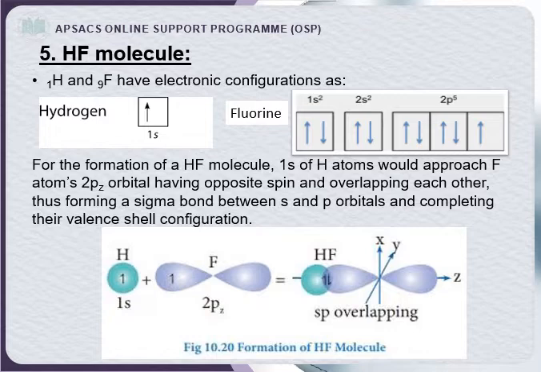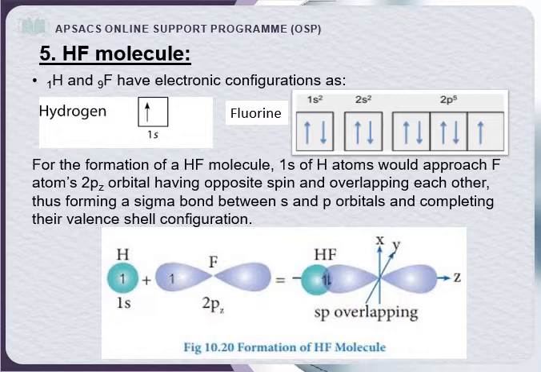Here you have to mention the arrangement of both the atoms which are having the overlap with each other. Now this one is hydrogen fluoride molecule in which two atoms are hydrogen and fluorine. Hydrogen with electronic configuration 1s1 and fluorine with atomic number 9 configuration is mentioned.